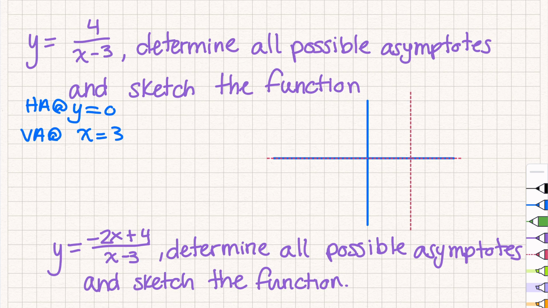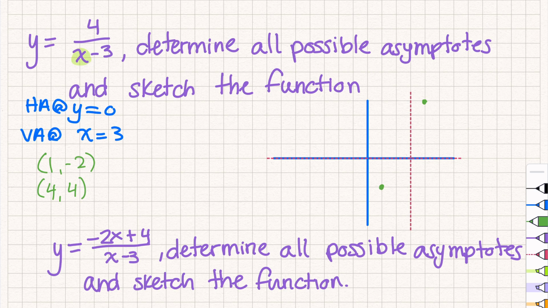So if we sub in 1, we're going to get the point (1, -2). And if I sub in 4, I'm going to get (4, 4). So (4, 4) is here. And then (1, -2) is here.